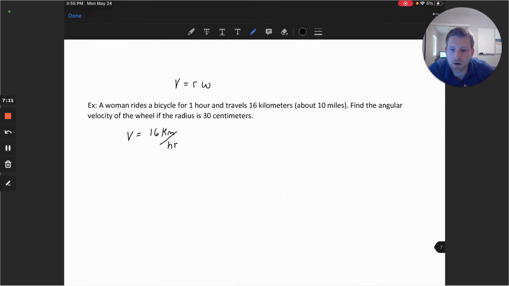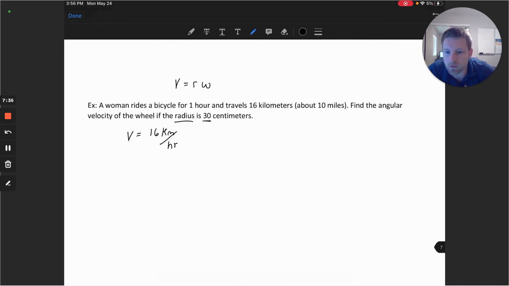And we'd like to solve for the angular velocity. So we know the v, linear velocity, and we know the radius of her wheel, 30 centimeters. But notice that both of these measurements here are not in the same units. So we're going to have to work on that.